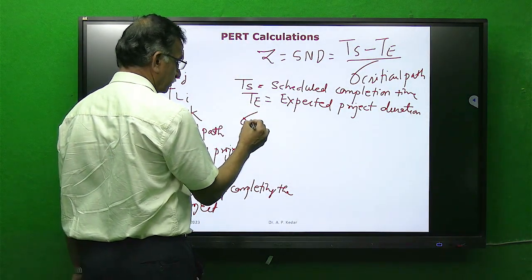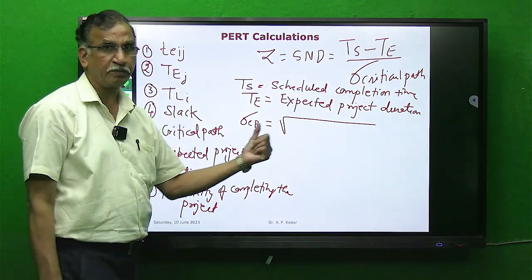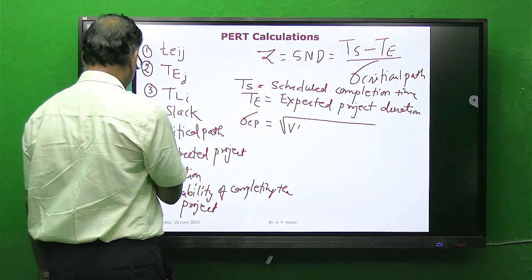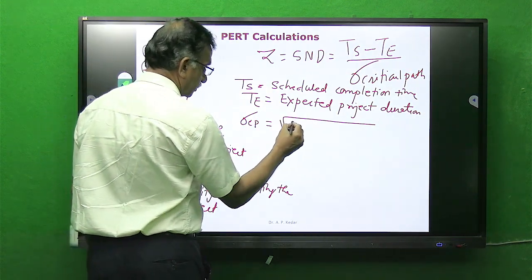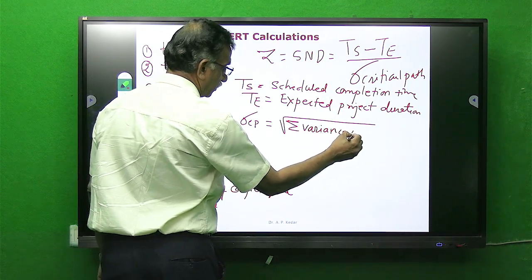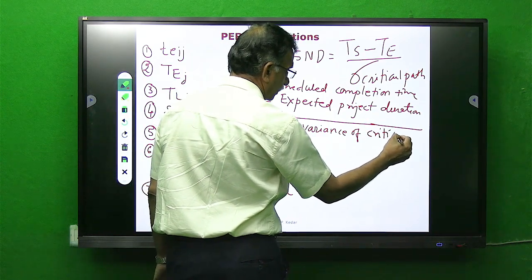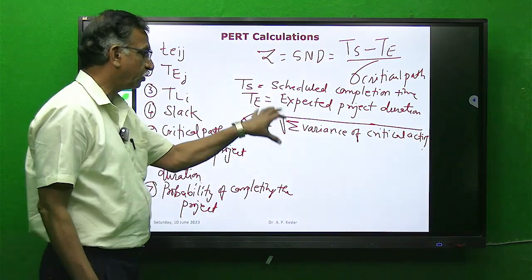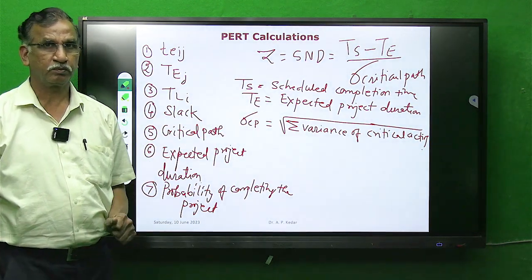Sigma critical path, sigma CP, is equal to under root of summation of variance of critical activity. We have to remember all this formula. We will be following all this methodology when we solve actual problem.